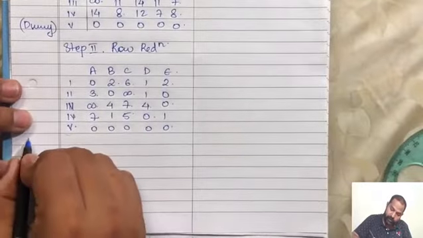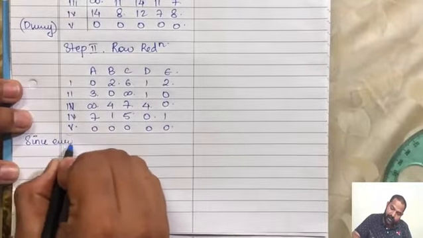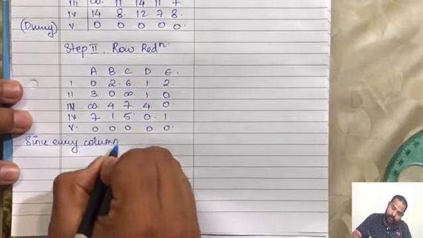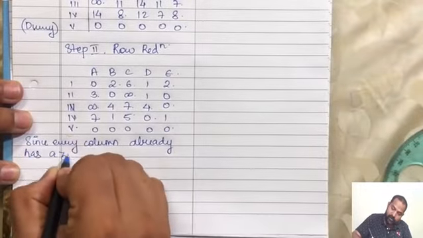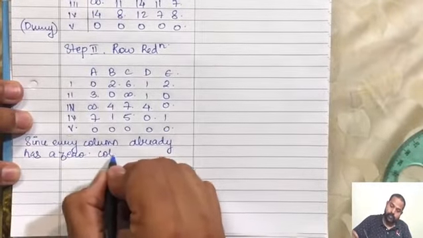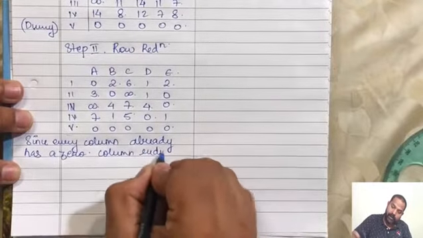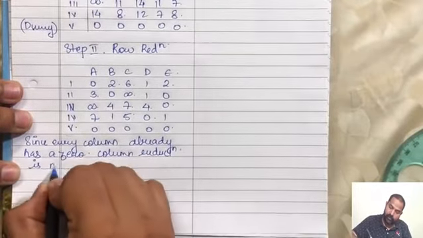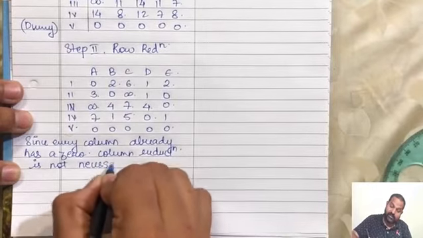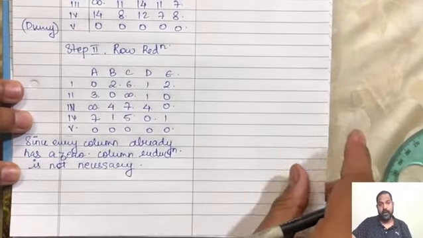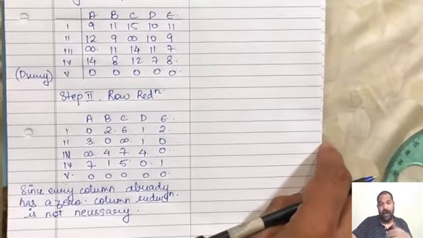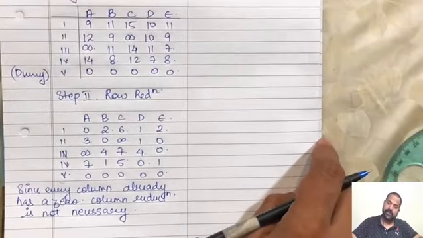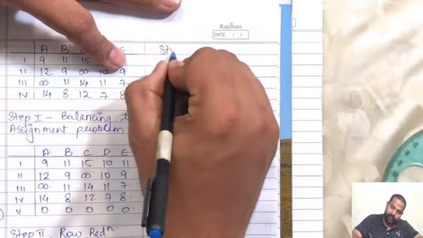I am going to say that since every column already has a 0, column reduction is not necessary. So what do we move on to? We directly move on to the next step, and now it will be step 3, and that is assignment.